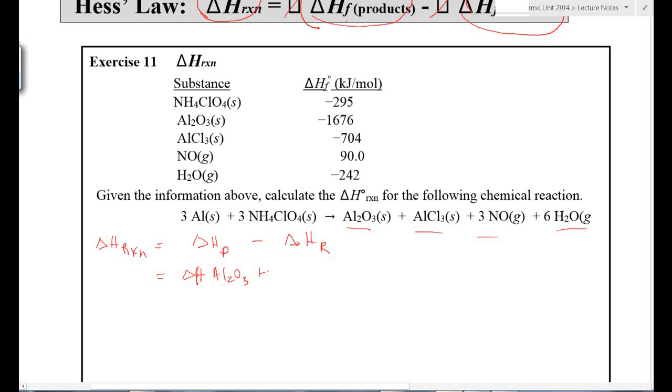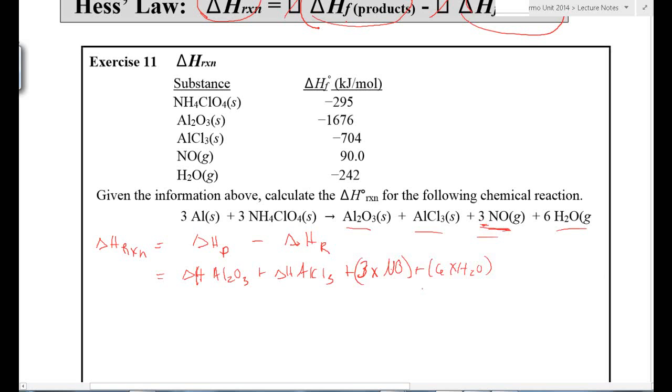Al2O3 plus change in enthalpy of AlCl3 plus 3 times the change in enthalpy of NO, because there's 3 of them. I've got to take into account the stoichiometric coefficients, right? Plus 6 times the water's enthalpy.